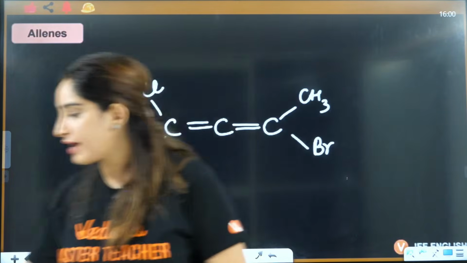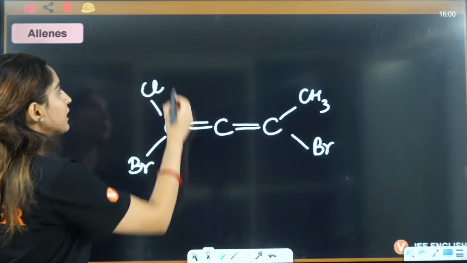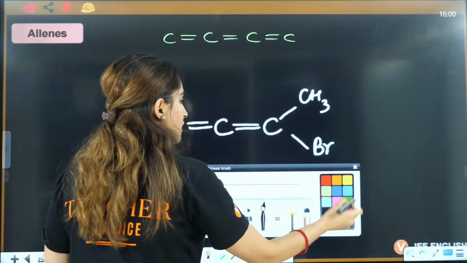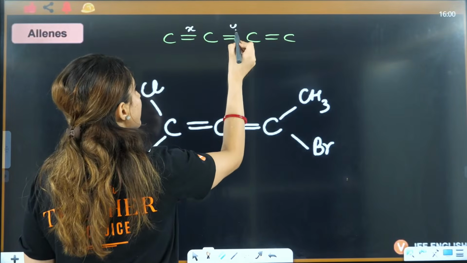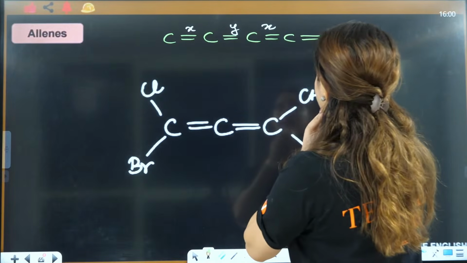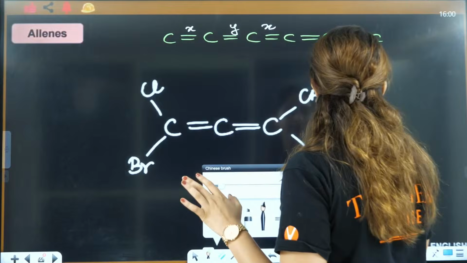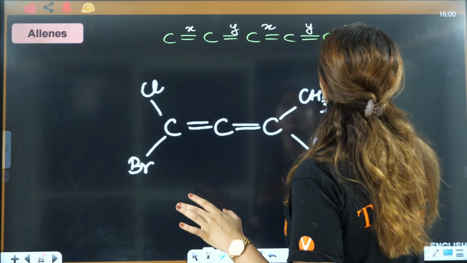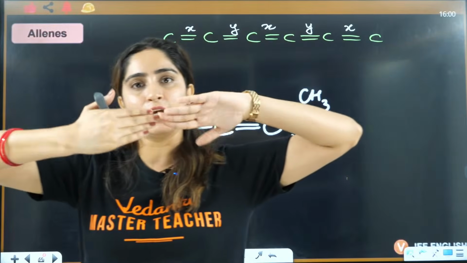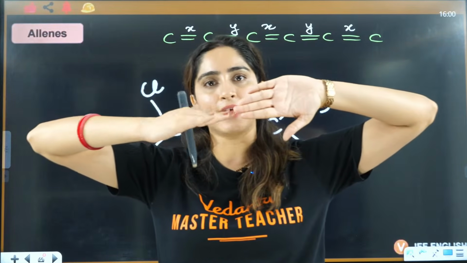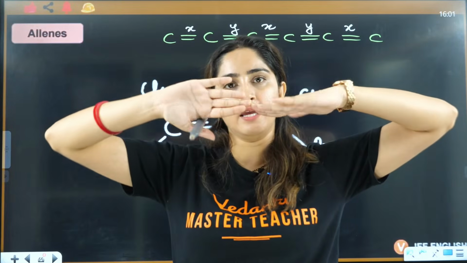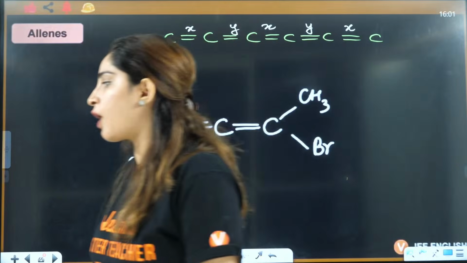So if you have 3 double bonds, and the first is in the X plane, the next will be in the Y plane, and the next in the X plane. Then if you have another double bond, that will again be in the Y plane. That means all the planes will be perpendicular to each other. That's how they look.